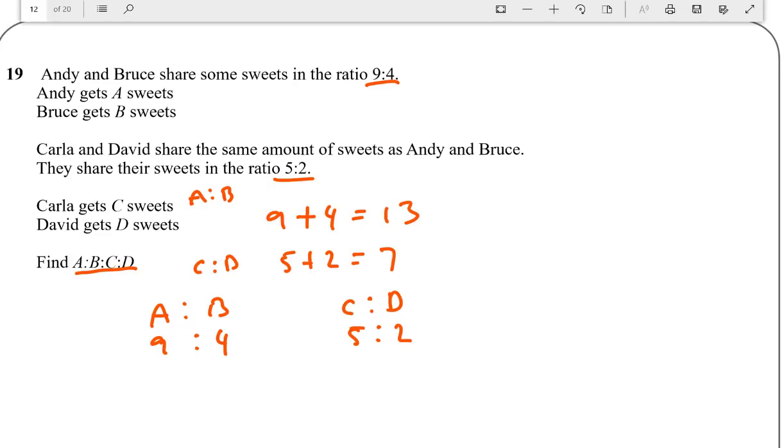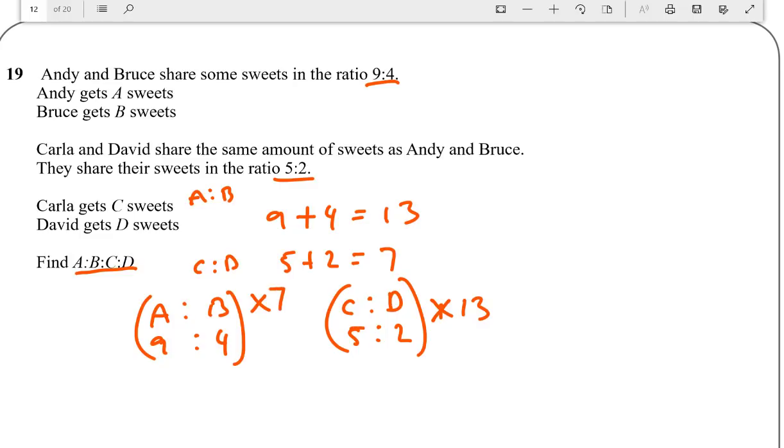So similar thing is going to happen here. We need to multiply Andy and Bruce's ratio by 7, and then Carla and David's ratio by 13, the opposite total ratio.